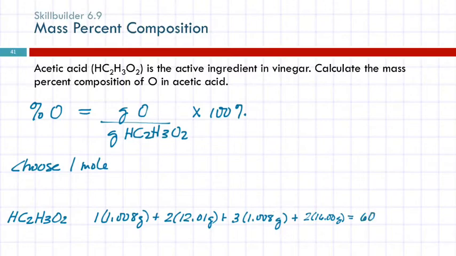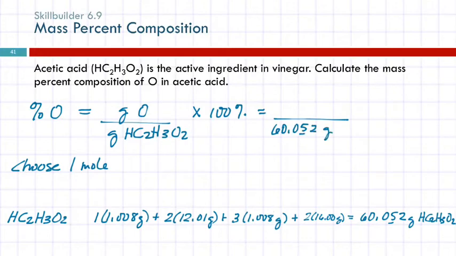So 60.052 grams of acetic acid. So that's the number we're going to put in the denominator. 60.052 grams of the compound.